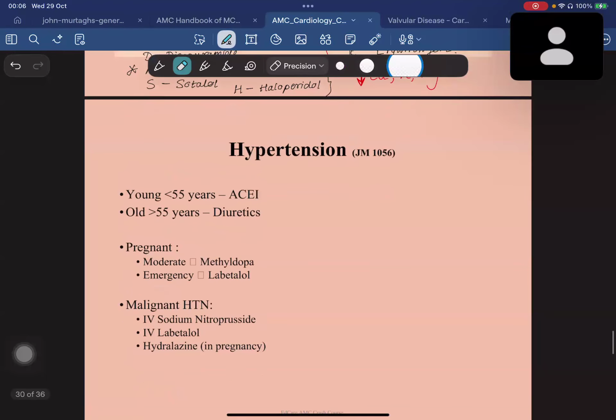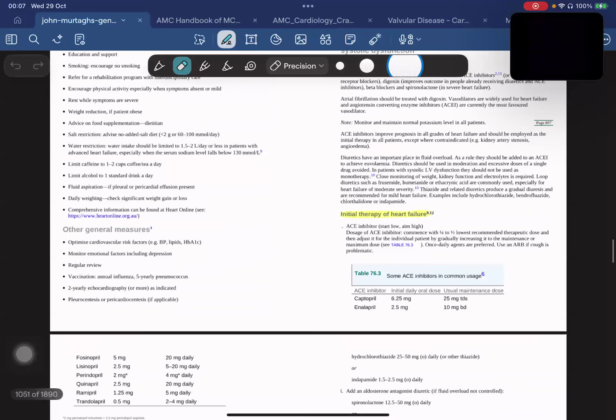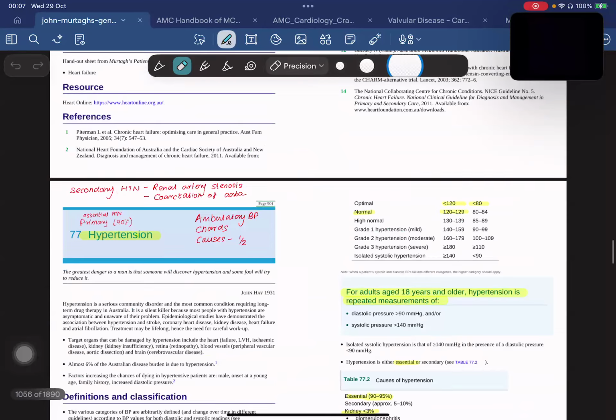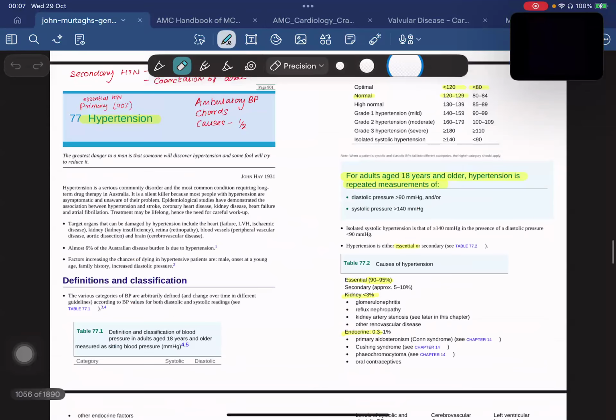All right, so let's get to hypertension. Again, for hypertension, try to read page 1056. It's just here. This is all about hypertension, in PDF page 1056.